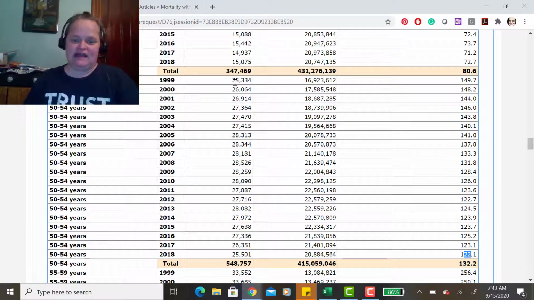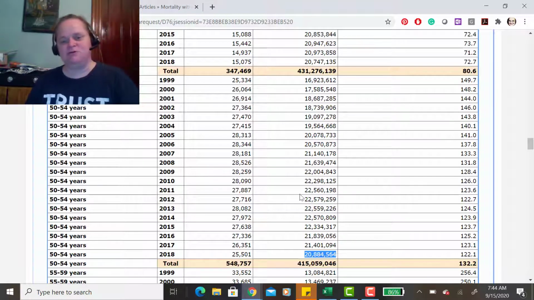If we look at the actual numbers of people, you'll see it's about the same number because the population is growing. And you can see it kind of go up and go down, and that's because of the boomers. So we have Gen Xers in this bin in 2018, and there's fewer Gen Xers than there were boomers. So you can kind of see where the boomers pass through this age group when it hits the peak.